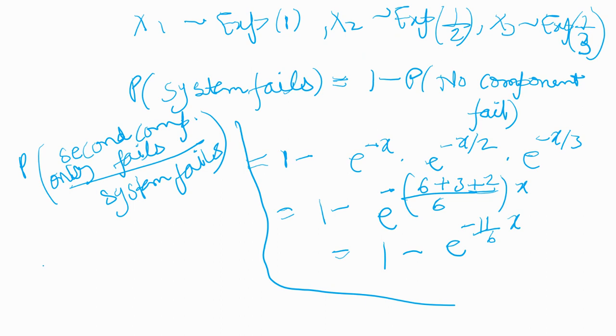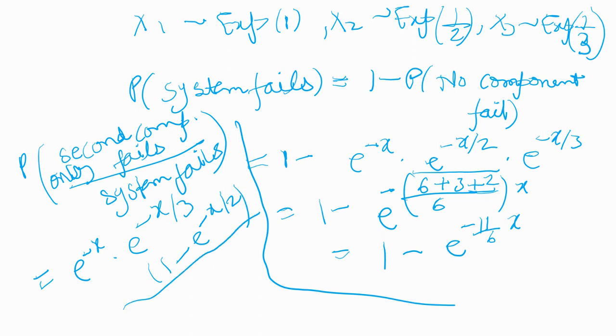Only the second component failing means the first and third are working properly. So the second component failing will be 1 minus e to the power minus x upon 2. The first component is working fine, the third component is working fine, just the second component fails.